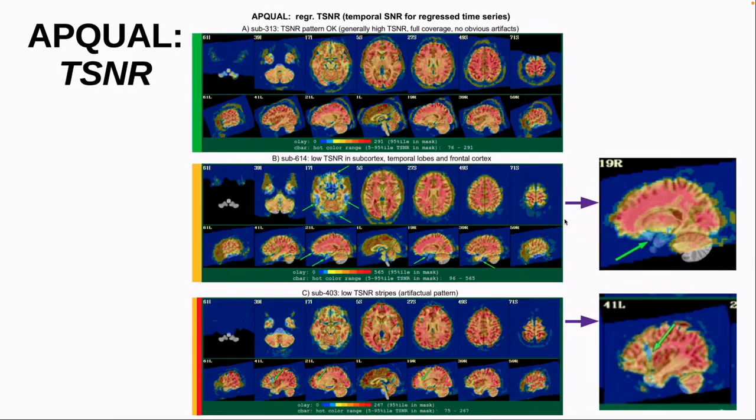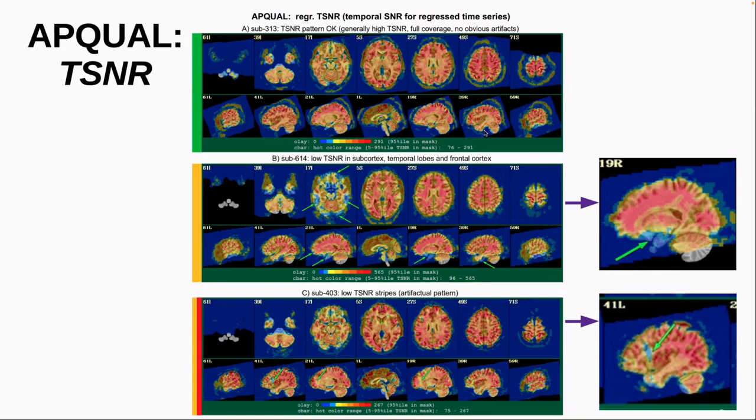Now we're going to look at the TSNR, the temporal signal to noise ratio. That's classically used for looking at FMRI time series for quality control. Let's define what TSNR is here. This is on the regressed time series, not on acquisition, as opposed to volume registration.